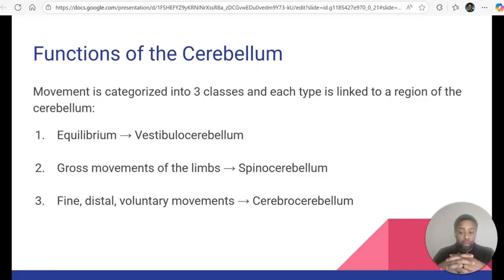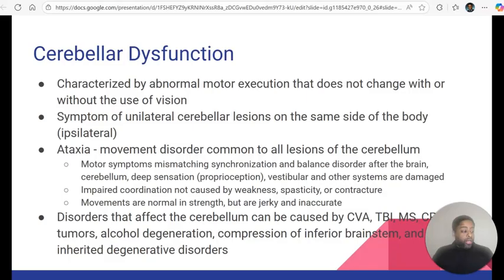Fine movement, like fine motor control, dexterity, all of that is associated with the cerebrocerebellum tract. Apologies about that. All right. A cerebellar dysfunction is associated with abnormal motor execution, and that does not change with or without vision being occluded.